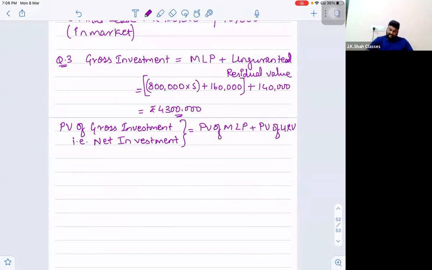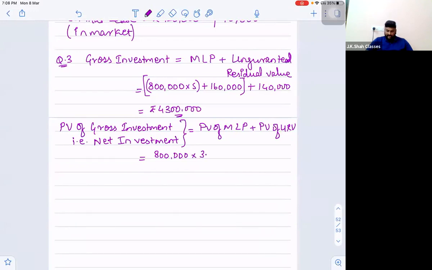Right? Now, sir, 8 lakhs we are going to get every year. So rather than multiplying it with individual discounting rates, we can take the total of all the discounting rates. So has anybody taken the total of all 5 discounting rates? All 5 years discounting rate 3.3522.